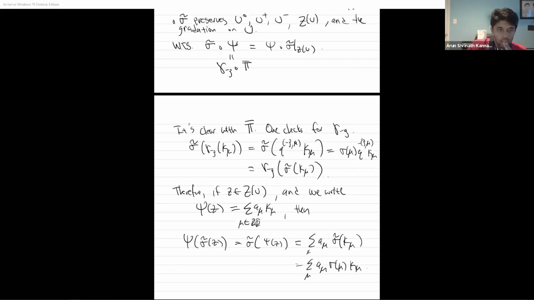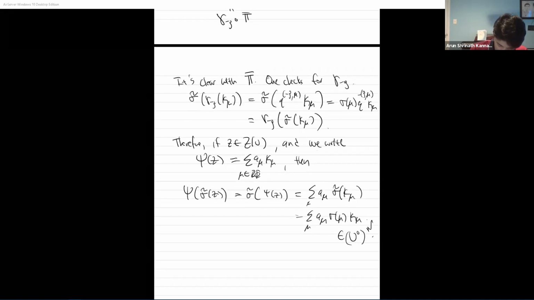Okay, so since Z is central, sigma twiddle of Z is central. So by lemma 2, this sum also lies in U naught, right? Because Harish-Chandra, the image, as we said, already lies in U naught of W.